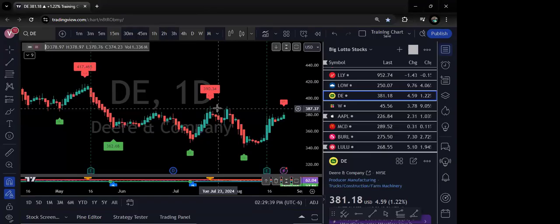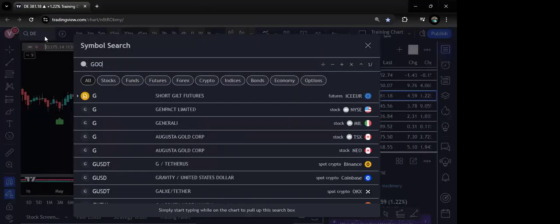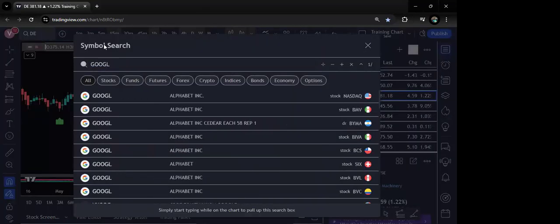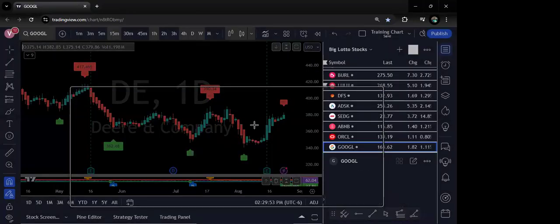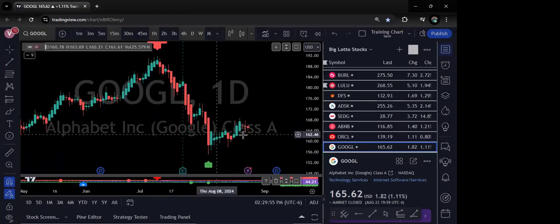Okay. If you're looking at a stock and you're expecting a pullback, and the ADX is less than 30, those are the stocks that, if you look at Google, when they pull back, you're not getting a strong pullback. So if you look at such stocks, the ADX is less than 30. That's why you're not getting a strong pullback.